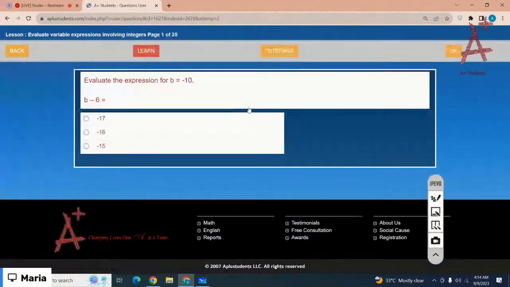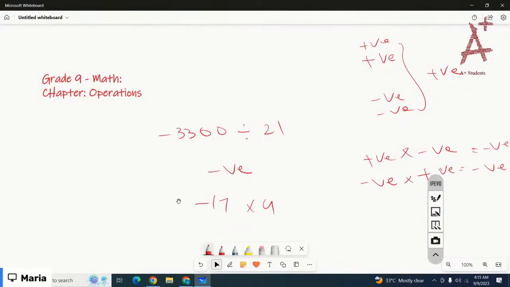Evaluate the expression for b equals negative 10, right? That means b has the value that is negative 10. You have to simply replace the variable b with the value, right? The expression is b minus 6. Just replace the b with the value that is negative 10 and evaluate the expression, right?